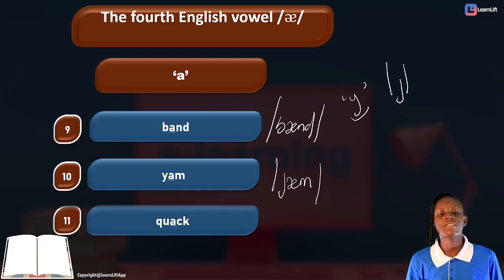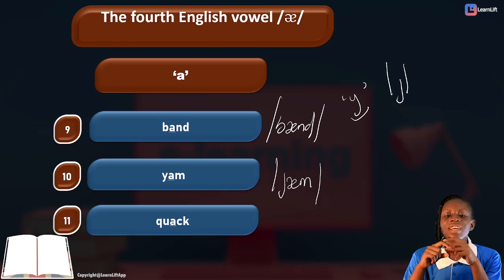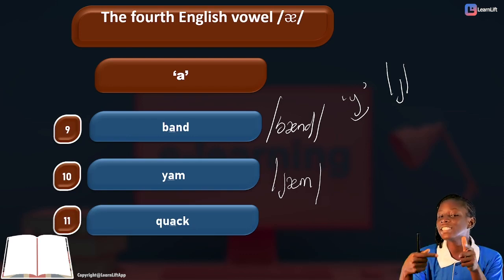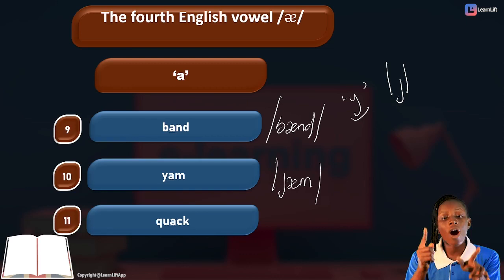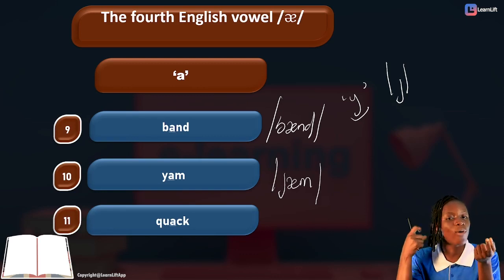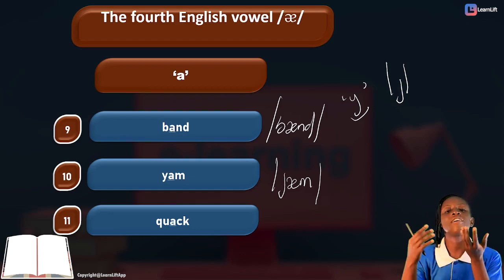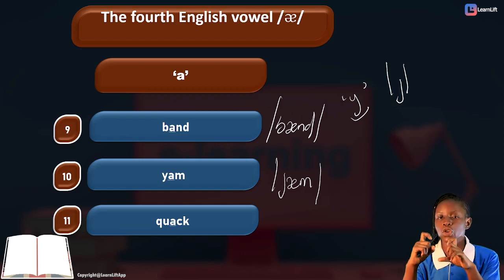Next up, we have the next word to be quack. Now remember, in oral English, our letters do not matter. What matters is only the sounds we hear. Now using our sounds, let's transcribe quack together. I have earlier said there is no Q in the 24 consonants.